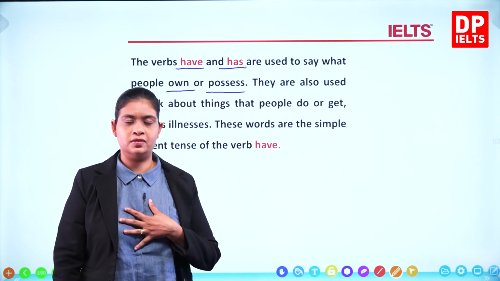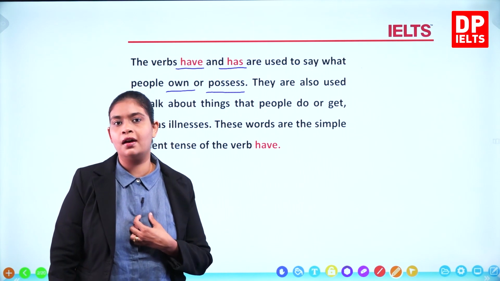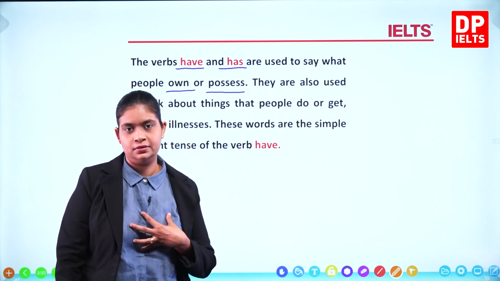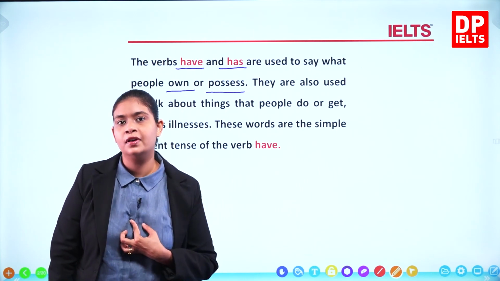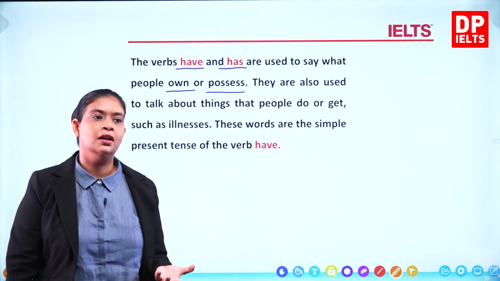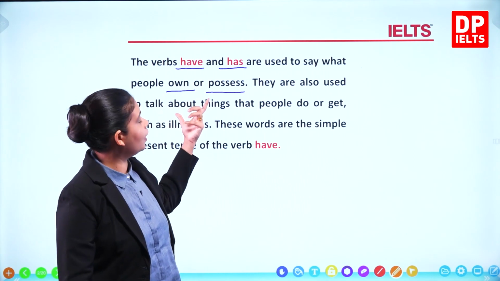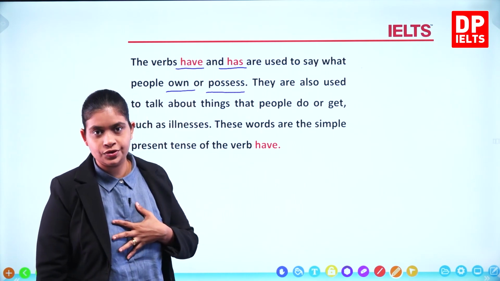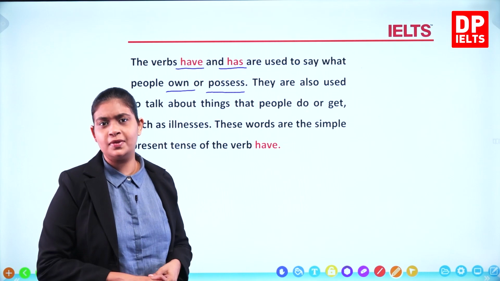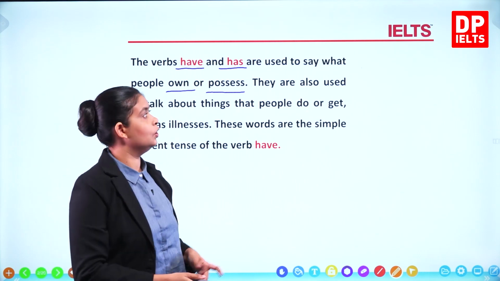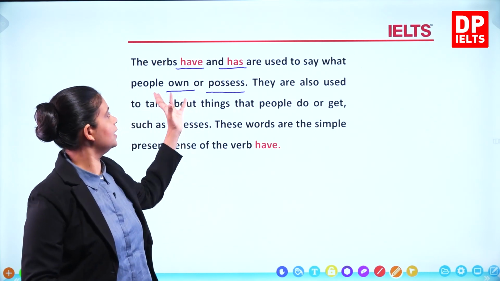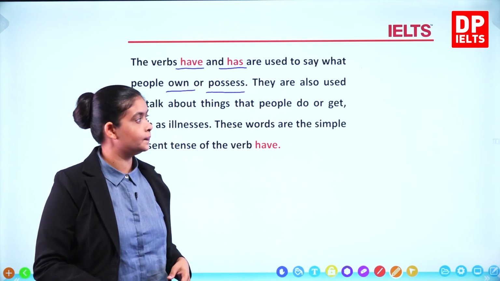We own it, right? I own a car. I have a car, right? I have a land in Nugegoda, okay? So when you own something that belongs to you, or when you possess something, that means when you have something, you can use the word have or has.